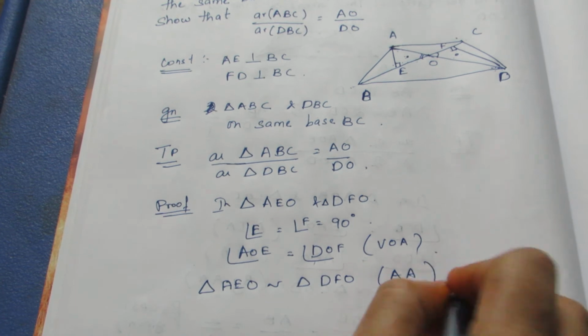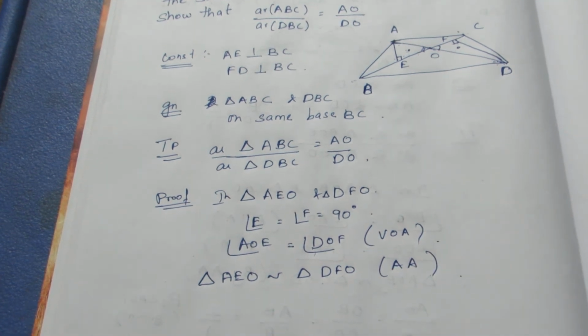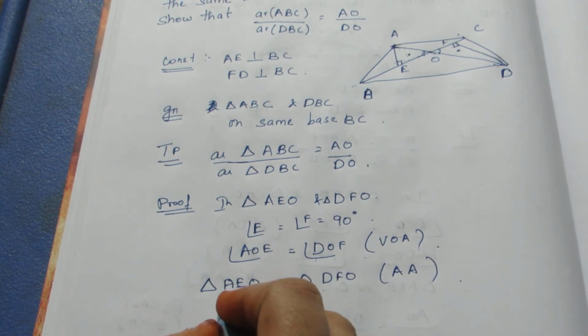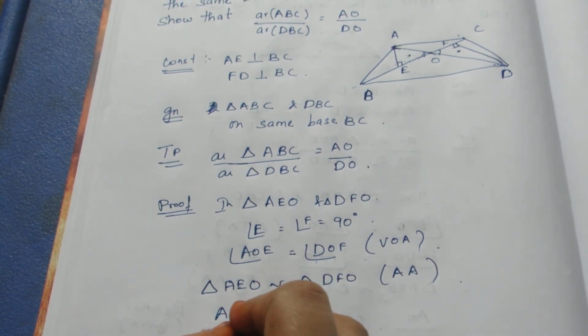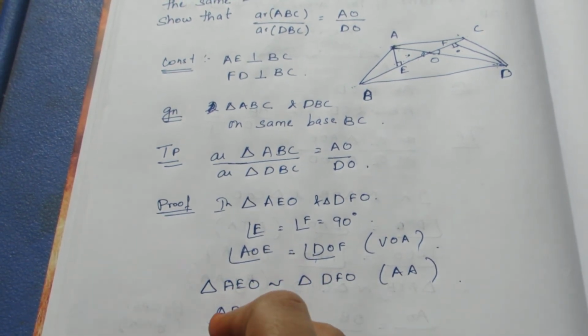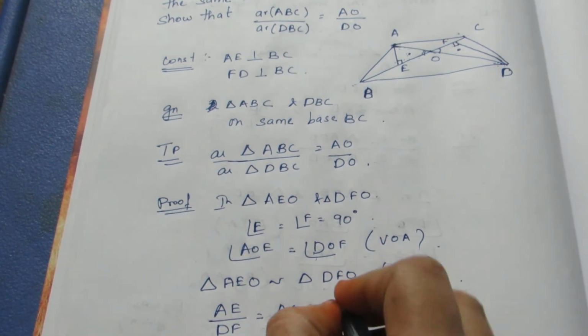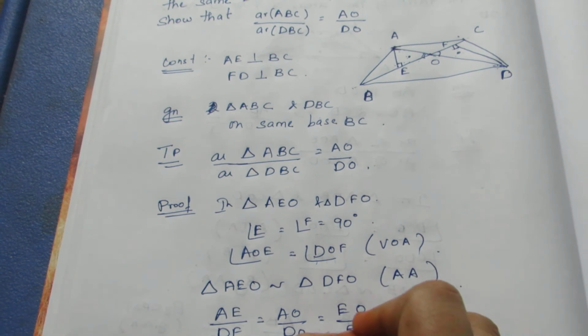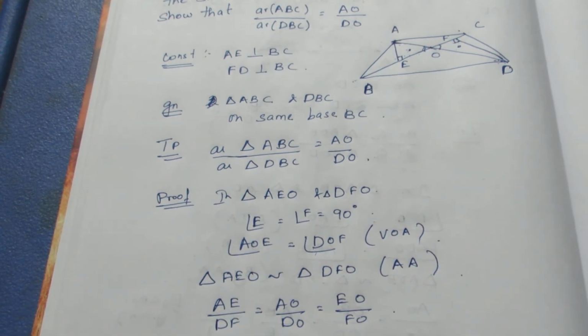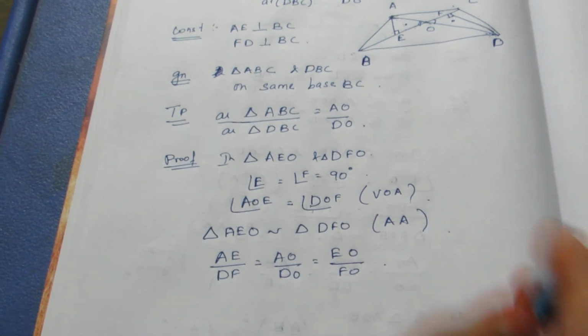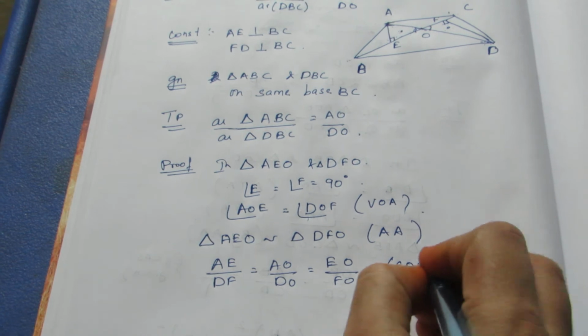Now we can take the proportional sides, that is AE by DF is equal to AO by DO is equal to EO by FO. First two by first two is equal to last two by last two is equal to first and last by first and last. These are corresponding parts of similar triangles.